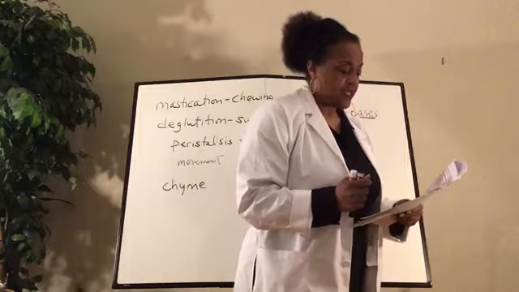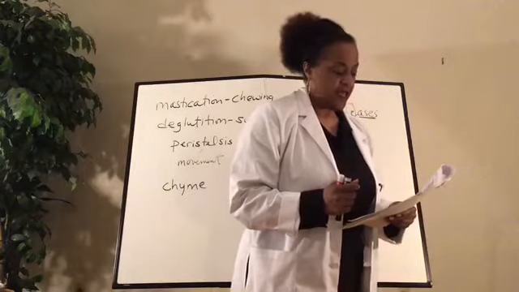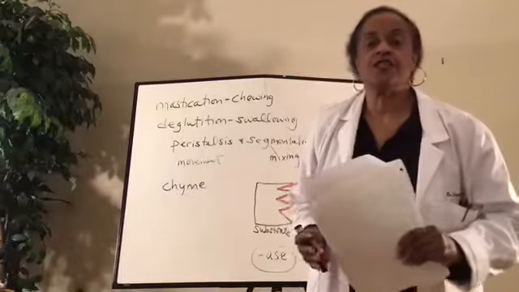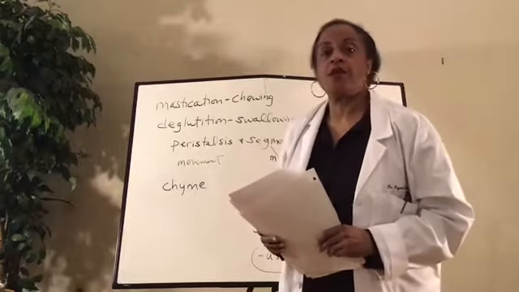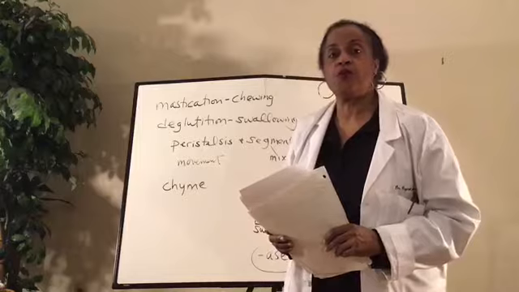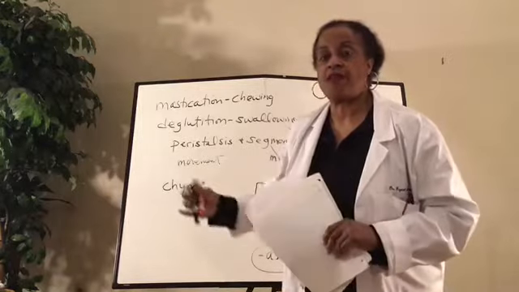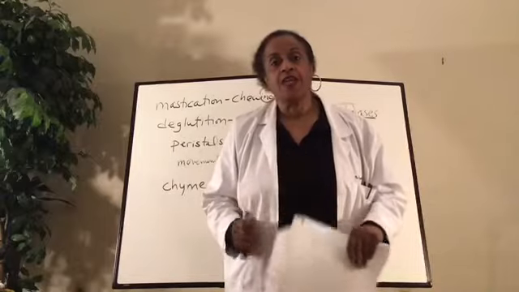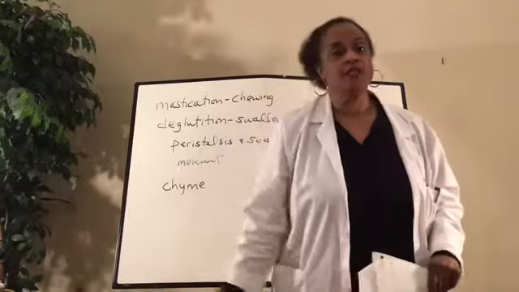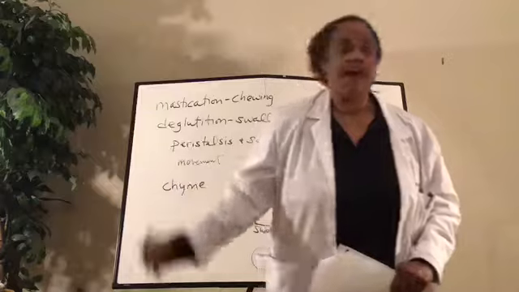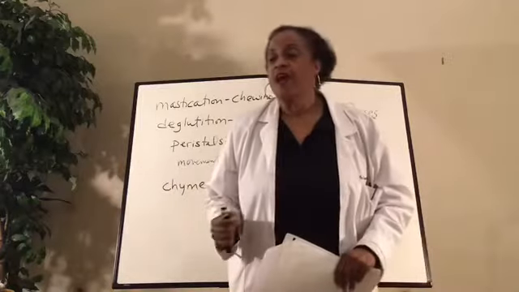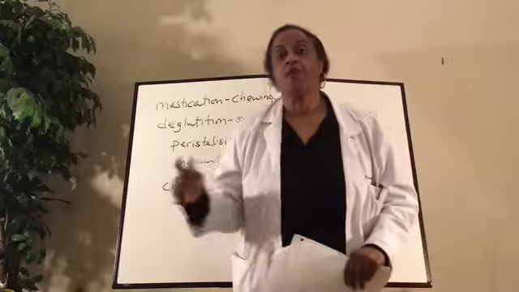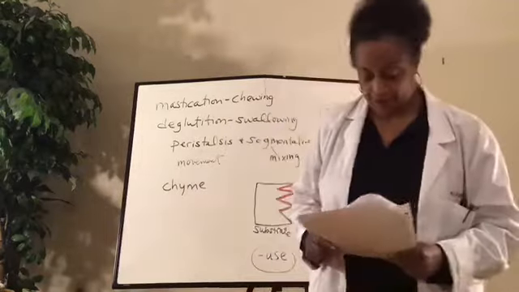And the peptidases in the intestinal brush border are going to break up the proteins until they get to amino acids. Please remember that I need you to know all of the end products of proteins, of fats or lipids, of carbohydrates. Look those up and know the end products of those.